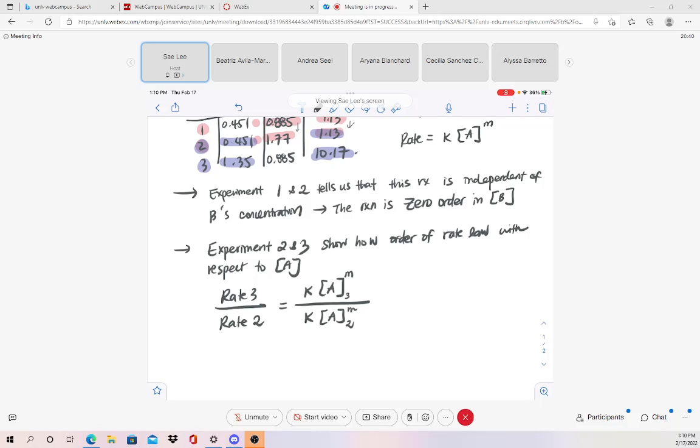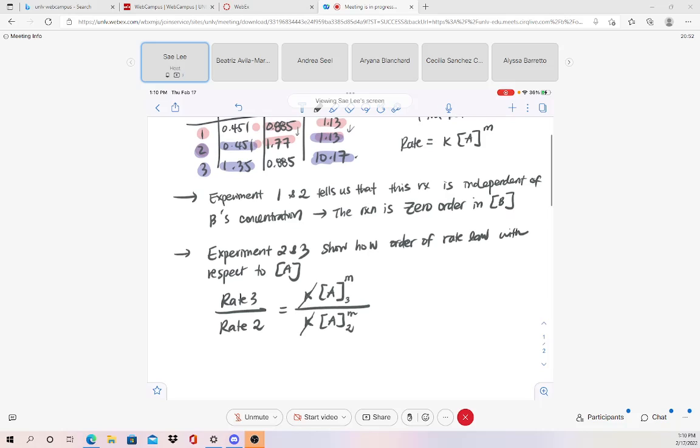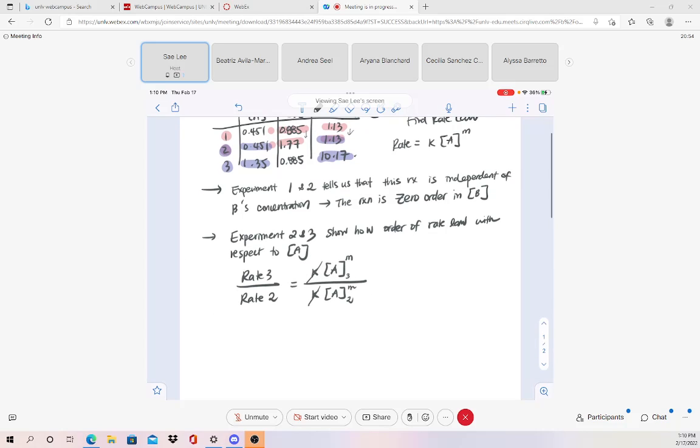We know that the rate constant is the same throughout the experiments, so these two cancel out. If we plug in the numbers provided, rate 3 is 10.17 divided by rate 2, which is 1.13. Concentration of A in experiment 3 was 1.35. Concentration of A in experiment 2 was 0.451.